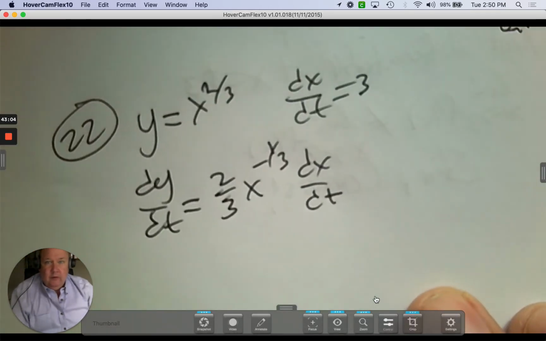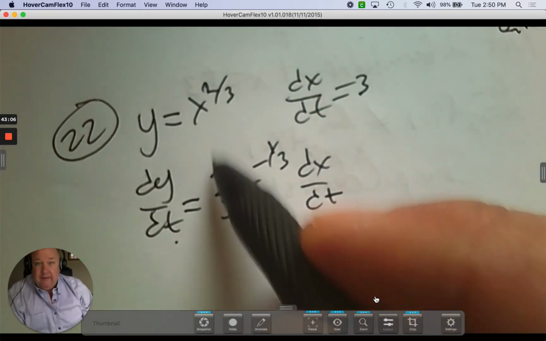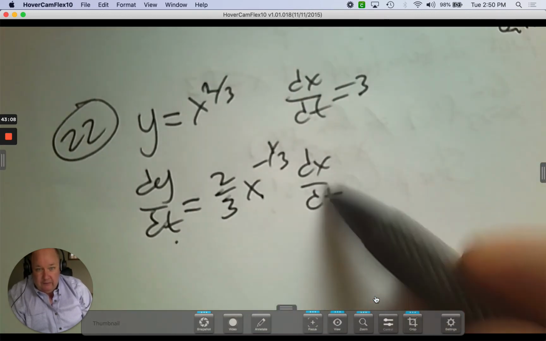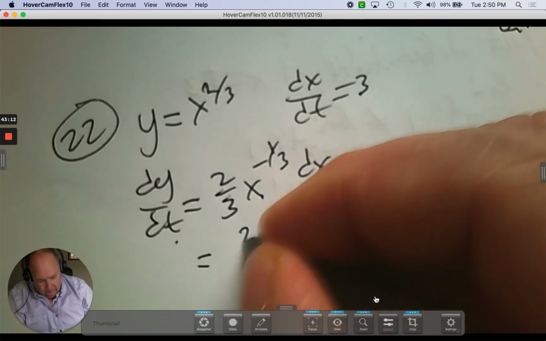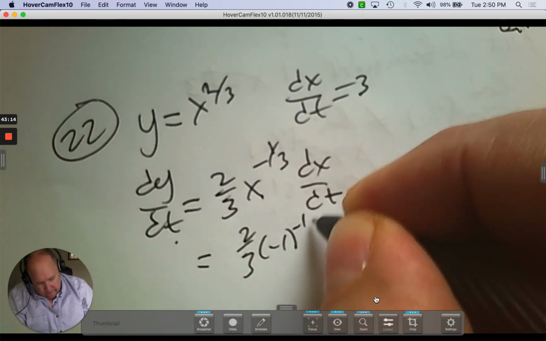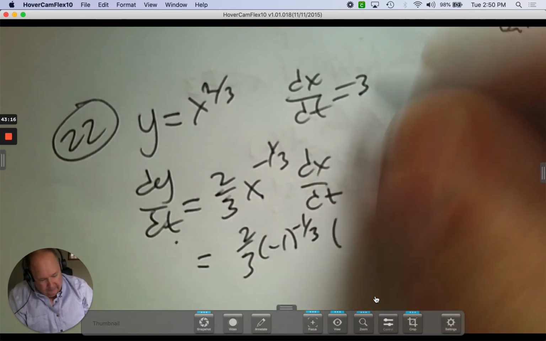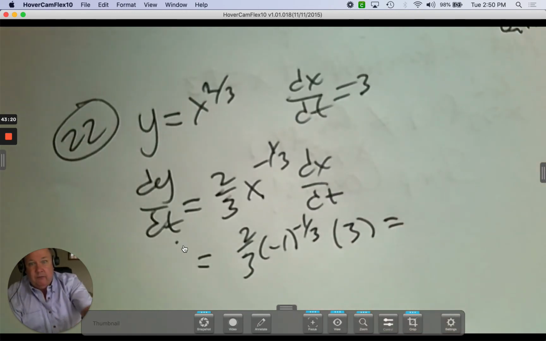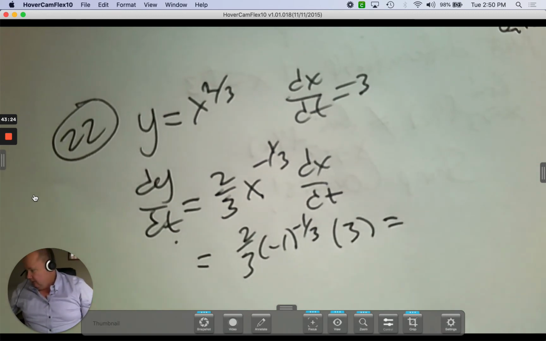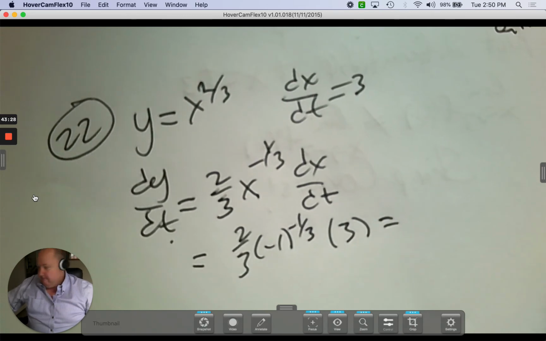So take the derivative, and then it has that hook. In the question it says x is -1, and dx by dt is 3. And then to simplify it. Now, +1 to any exponent is +1. -1 to any exponent is a -1, if it's a negative exponent like that.